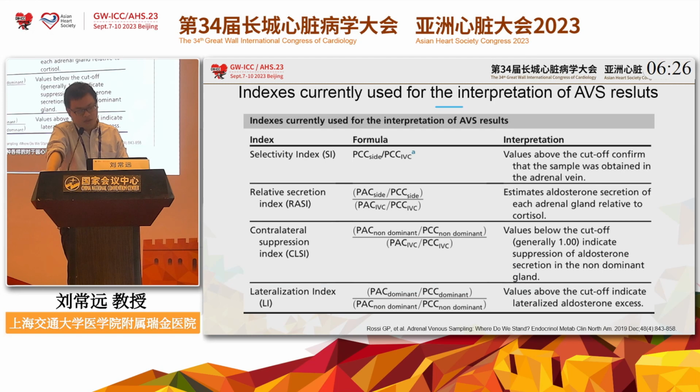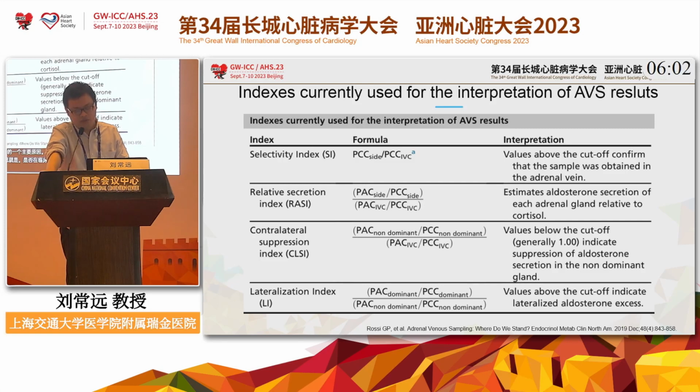This slide shows the indexes currently used for the interpretation of AVS results. The first and the last, the selectivity index and the lateralization index, are the most used in clinic. The SI is the most popular technique to confirm the success of AVS.